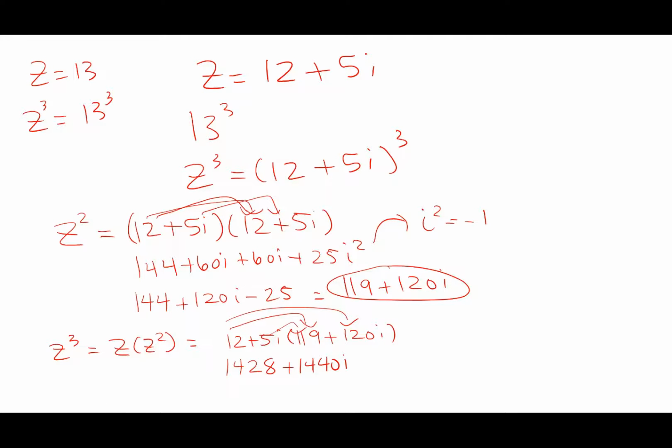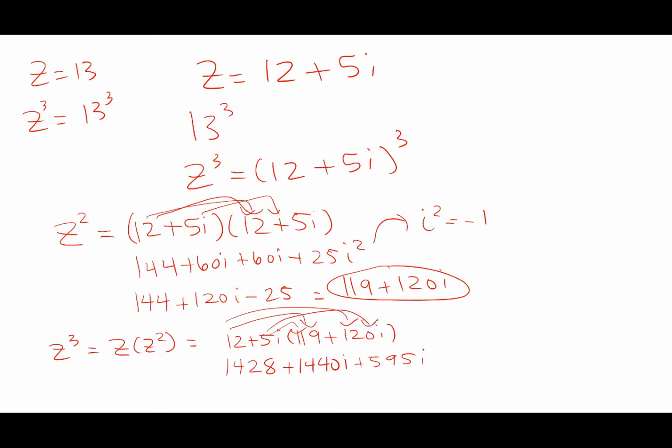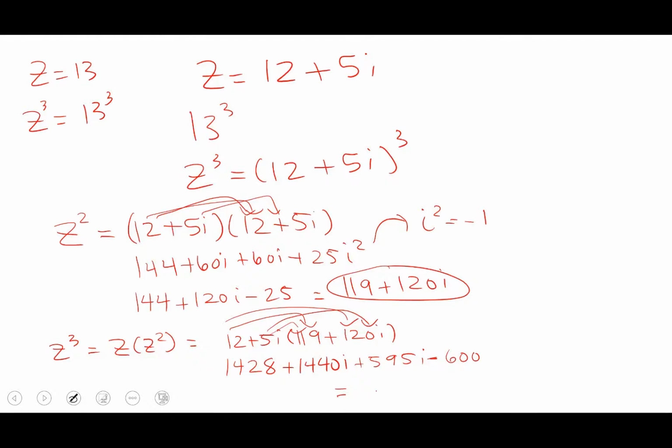Then we have 5i times 119, which will give us 595i. 5 times 120 will give us 600. Remember, i squared is -1, so it turns negative. So this equals 828 plus 2035i. So this is what z cubed equals. So again, z cubed equals 828 plus 2035i.